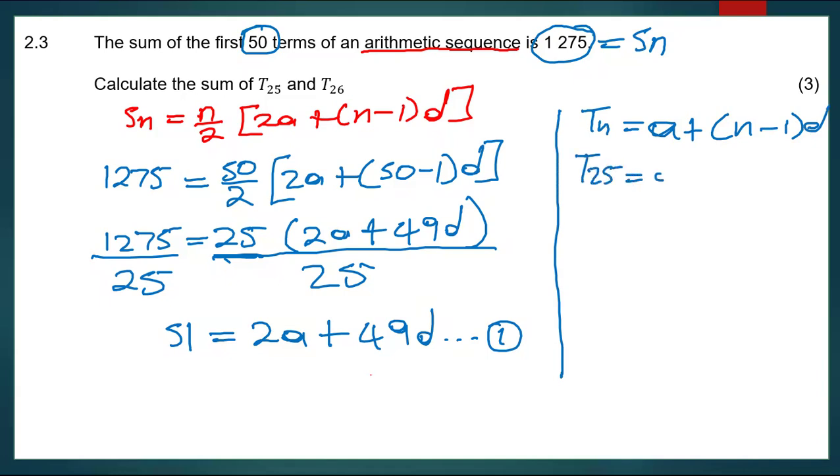T25 will be equal to a plus 24d, and I'll say this is equation number 2. For T26, it will be equal to a plus 25d, which will be equation number 3.